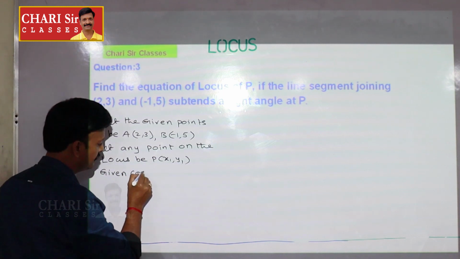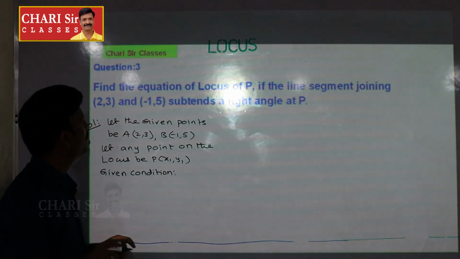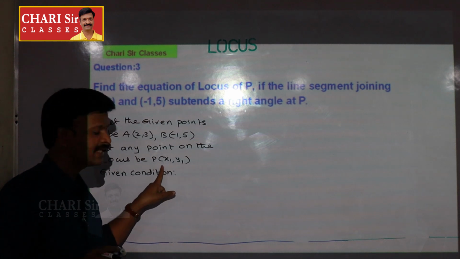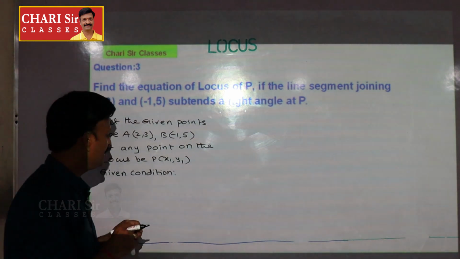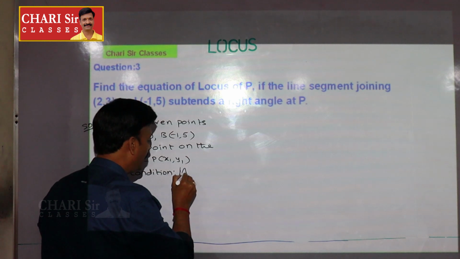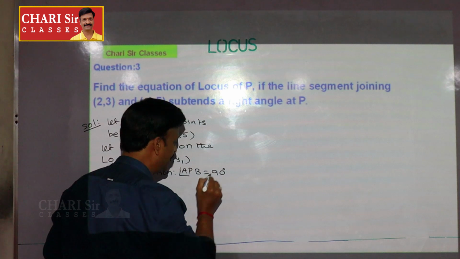The given condition is that these A and B points subtend a right angle at P, meaning angle APB is equal to 90 degrees.